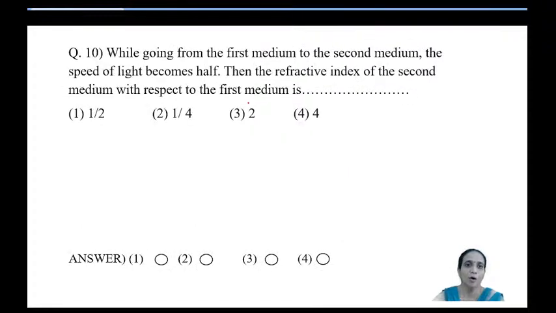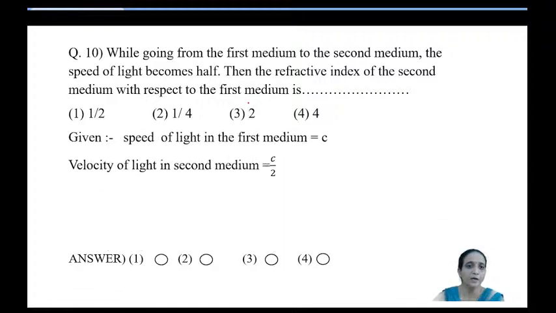While going from the first medium to second medium, the speed of light becomes half. Then the refractive index of the second medium with respect to the first medium is, options are first option half, second option is 1 upon 4, third option is 2, fourth option is 4. Now over here, the speed of light in the first medium is c.